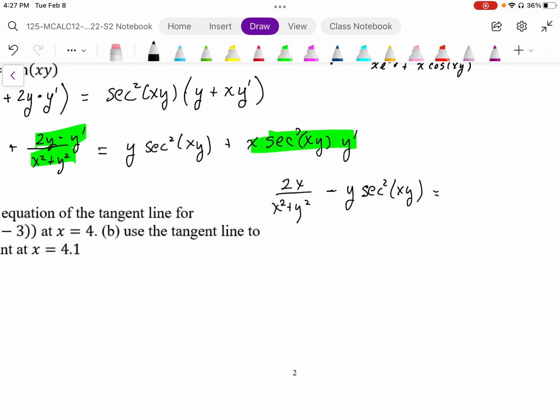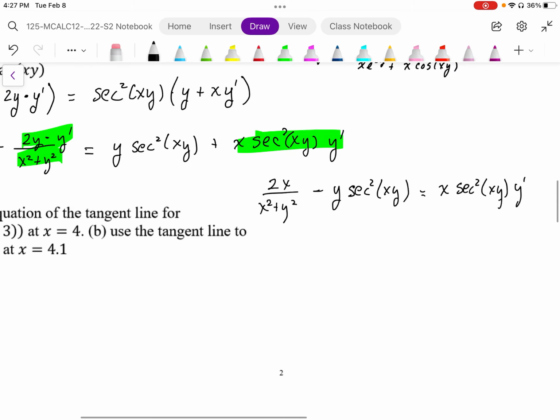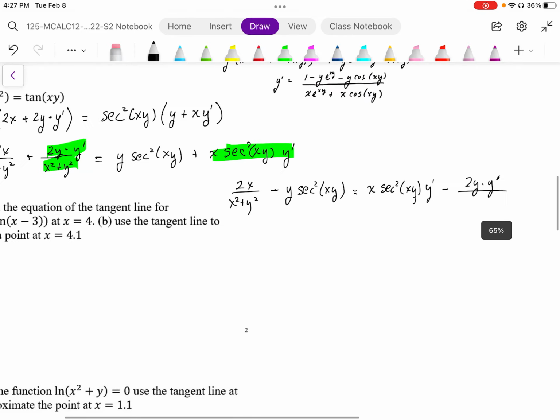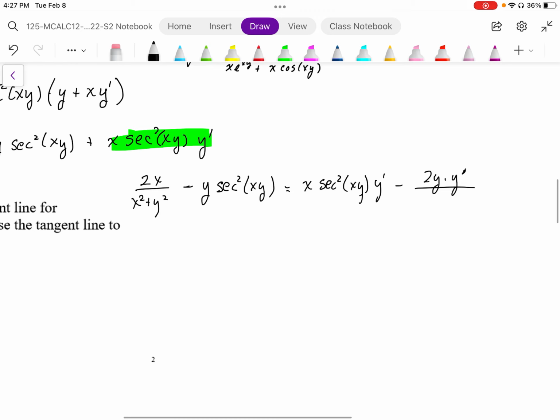And on the right-hand side, I end up with x secant squared xy times y prime, and I end up with negative 2y y prime over x squared plus y squared. That's the y prime I'm going to factor out.